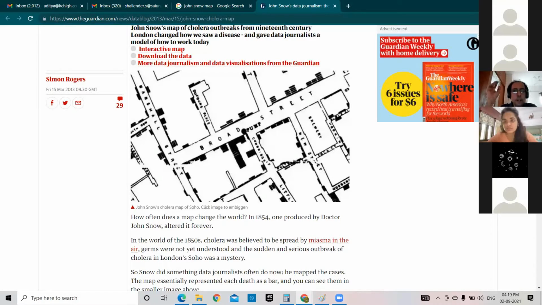COVID, as we know, does spread through air. So if you look at any city map of COVID with block or area specific density of cases, this would probably not be the case. So water is a possibility.